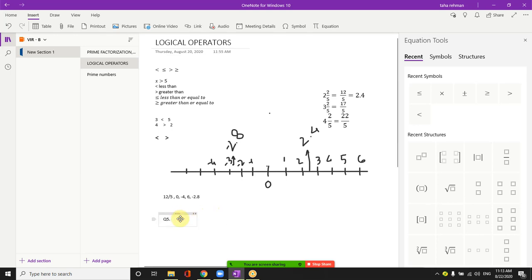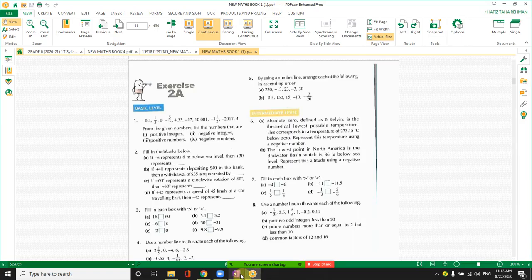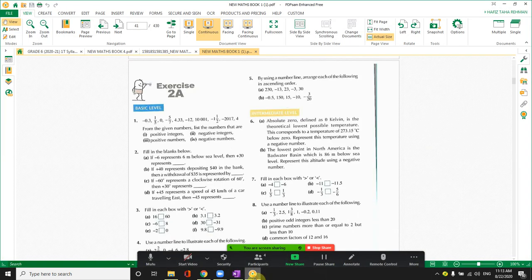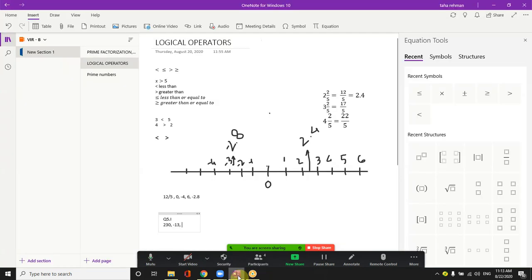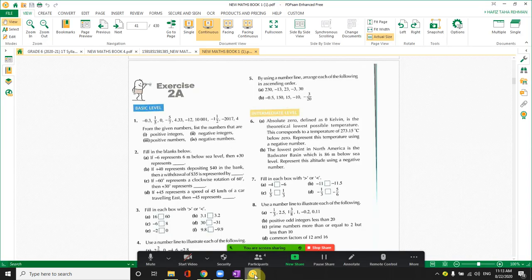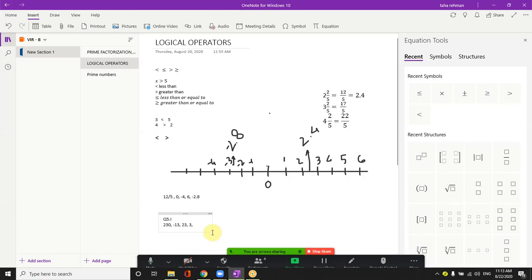Question number 5, part 1. The values written in part 1 are 230, minus 13, 23, minus 3, and 30.